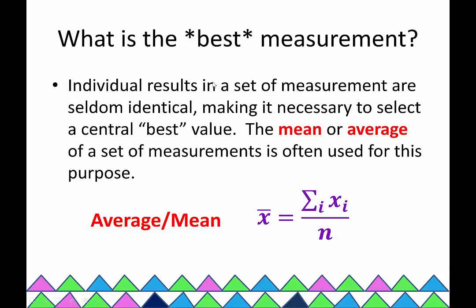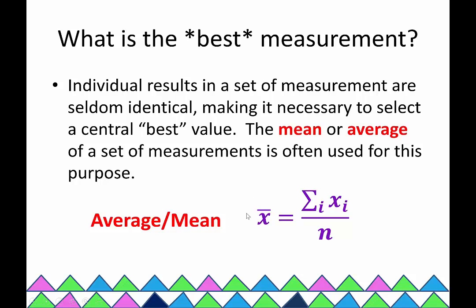So again, when we have a set of measurements, we have to make this call about what's the best value. If you have individual results in a set of measurements, they're seldom identical. What's typically accepted in all fields of science is, if you're fairly confident that there's nothing wrong with any of those measurements, then you simply take an average or mean of that set of measurements to get the best value.